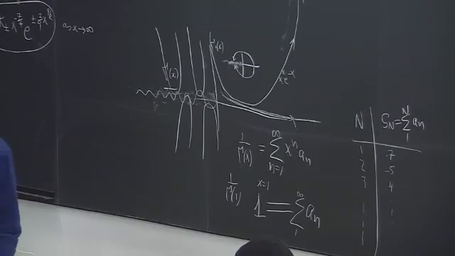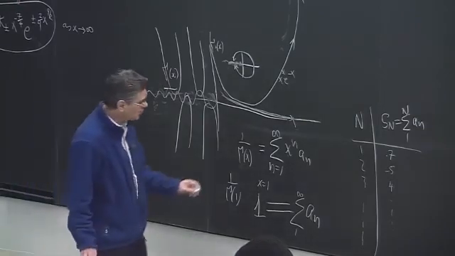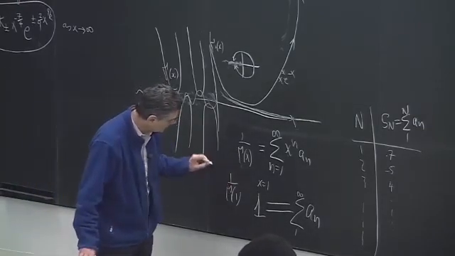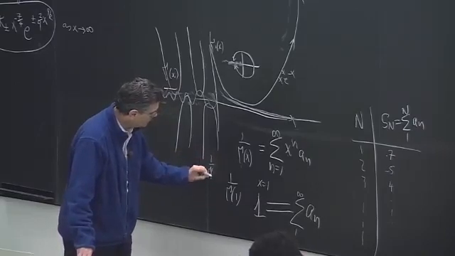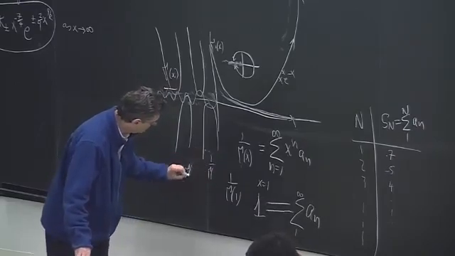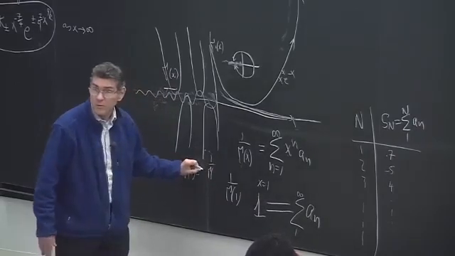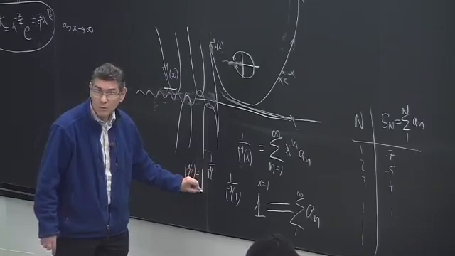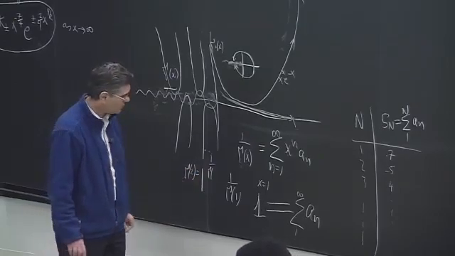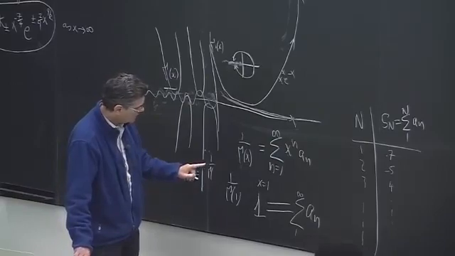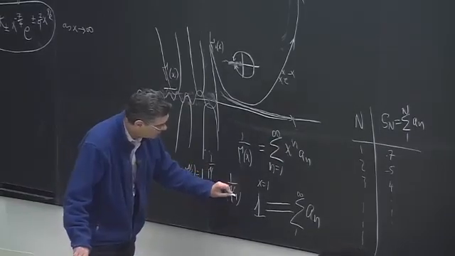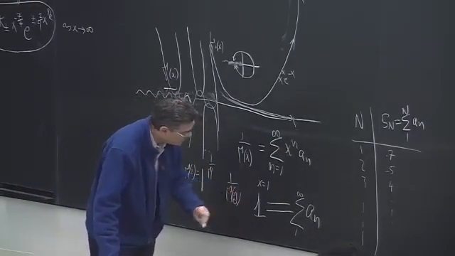Okay? And just for fun, try calculating gamma of 2. Okay, gamma of 2, what is it? 1, right? So 1 over gamma of 2, try calculating 1 over gamma of 2.